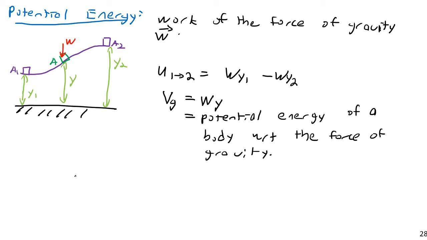And if I compare two different points, I would have U from 1 to 2 equals Vg at 1 minus Vg at 2.